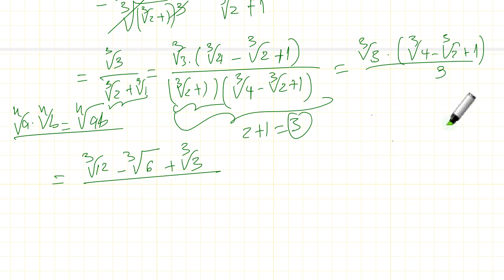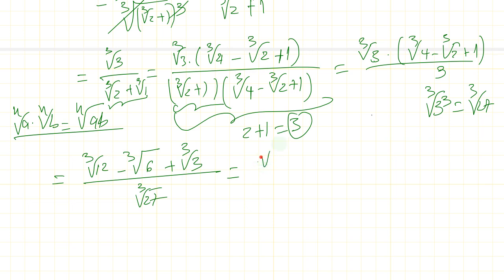But I can rewrite 3 as cubic root of 3 to the power of 3, which is cubic root of 27. So I'm gonna write here cubic root of 27, right? So from here we're gonna have then this one divided by this, right?